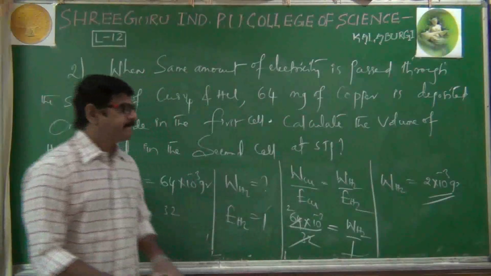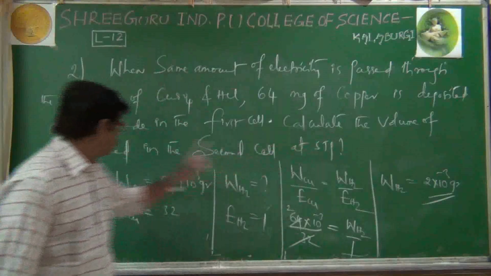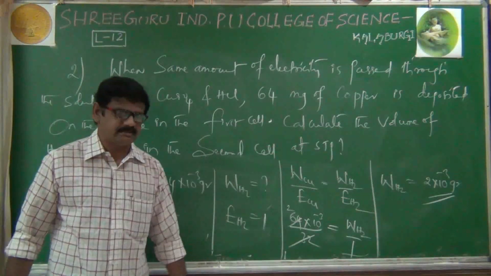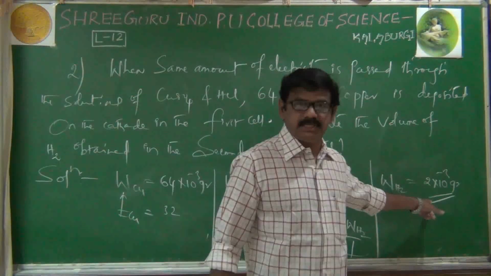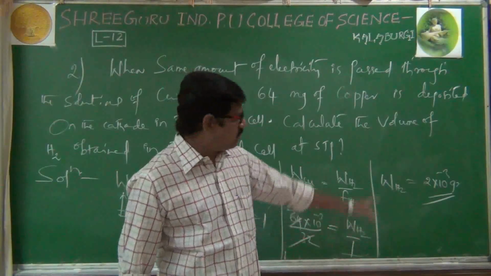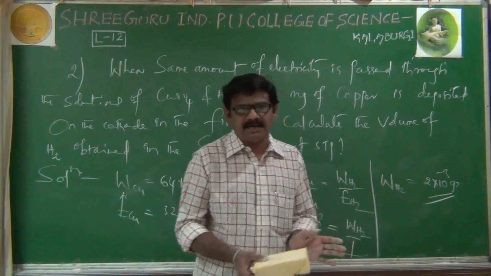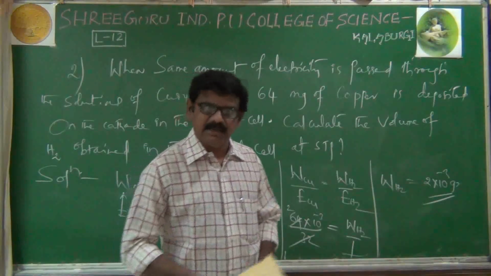You are getting it. But in the question, in the last line: calculate the volume of hydrogen obtained in the second cell at STP. Here, what we have obtained is nothing but the mass of hydrogen. Now whatever mass of hydrogen we are getting, we will convert that mass into its corresponding volume.